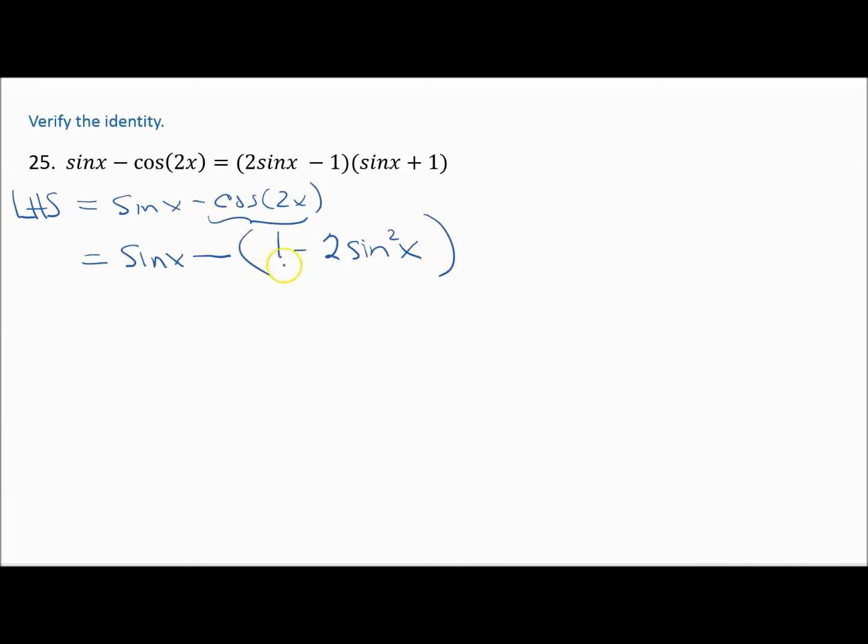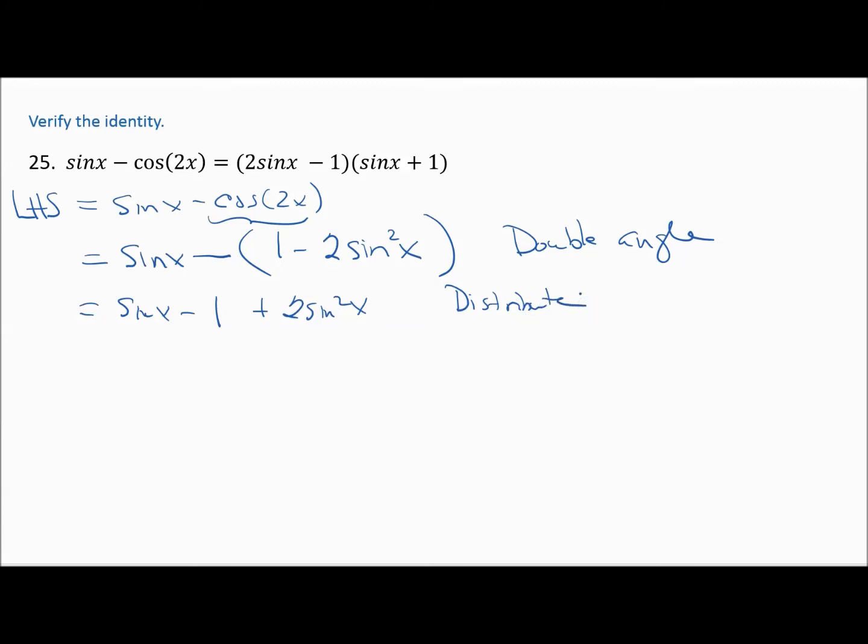And I need to also write what I used, and I used a double angle formula. And I was required because I had to get rid of this 2x because there's not a 2x in any of my other terms or pieces of the expression for my problem. Now I'm going to distribute. So I got sine of x minus 1 plus 2 sine squared of x. So that's the distributive property.